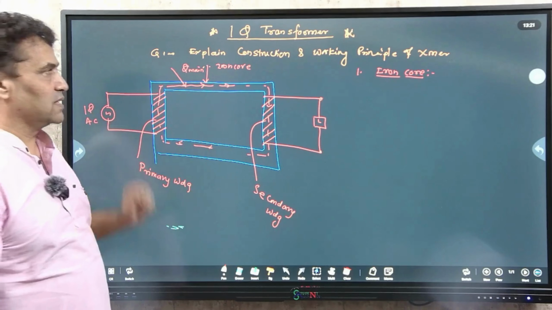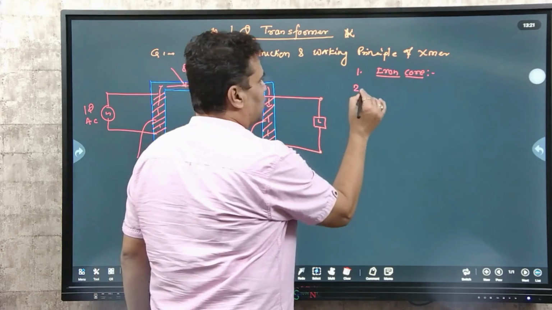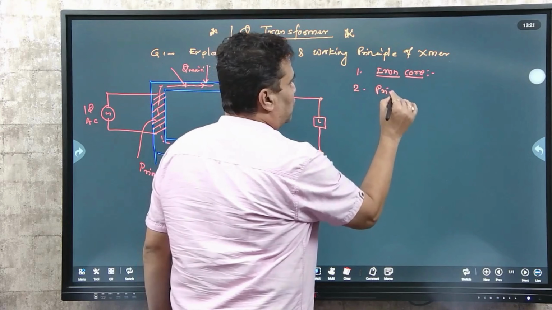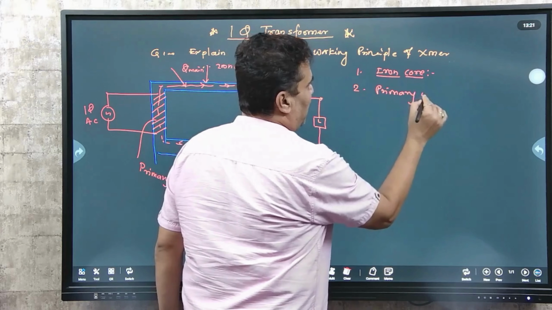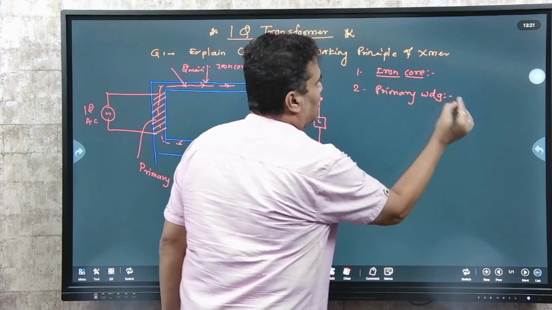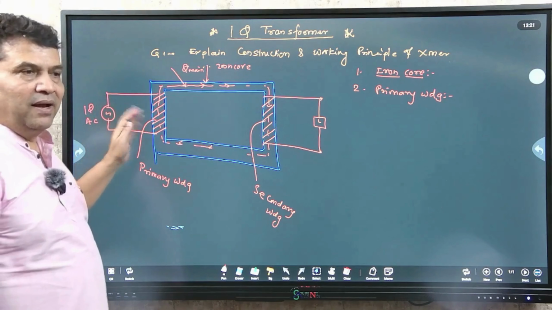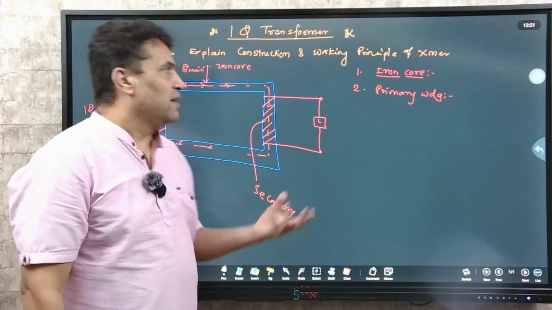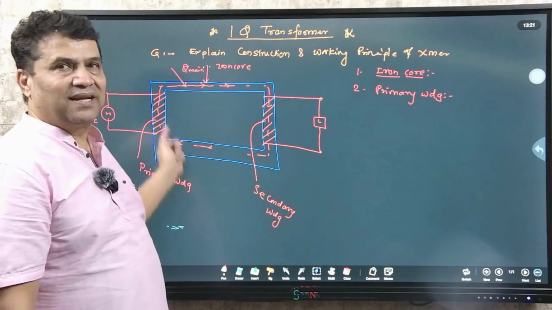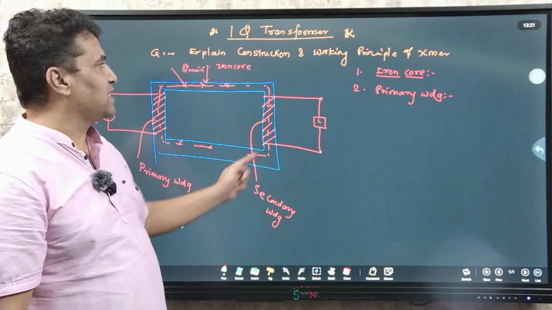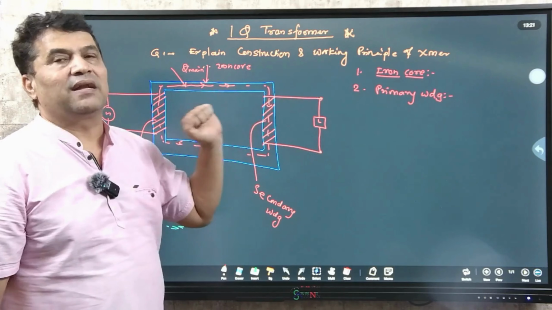So the first part, the iron core, is made up of silicon steel, and its basic function is to create the magnetic flux. The second part is called the primary winding. What do you have to write about the primary winding? The winding which is connected to the supply side is called the primary winding. It is made up of copper, and its basic function is to excite the iron core so that it creates magnetic flux.